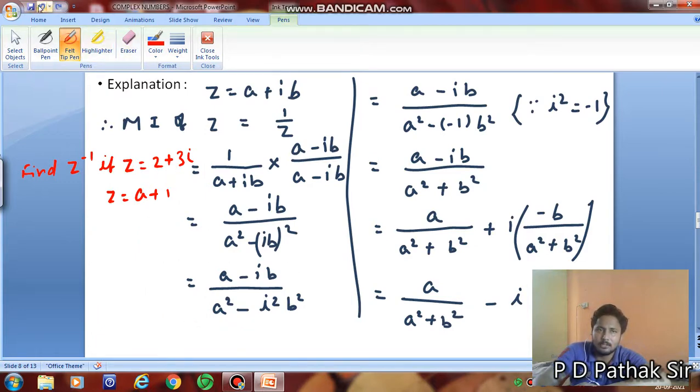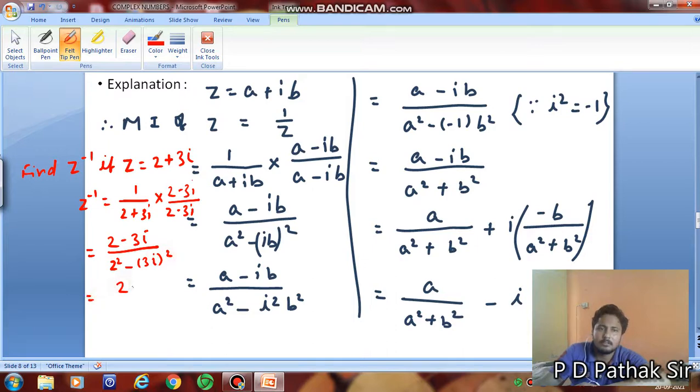Or you can do it simply. Z inverse equals 1 upon 2 plus 3 iota, multiplied by 2 minus 3 iota in the numerator and 2 minus 3 iota in the denominator. On solving, we will get 2 minus 3 iota upon 2 square minus 3 iota square.